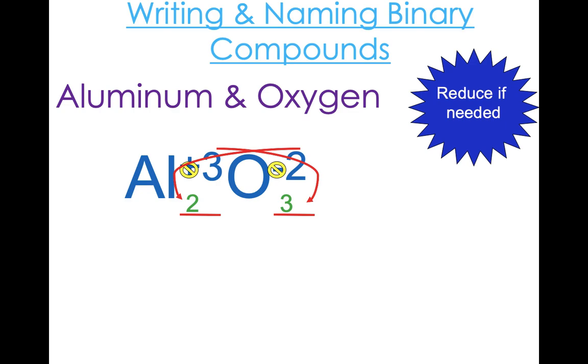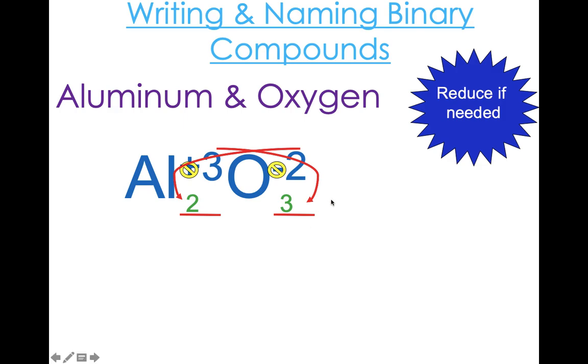Since we know that in an ionic crystal, the formula unit, or the chemical formula, represents the ratio of the atoms in the crystal, we need to see if we can reduce that. Does a 2 and a 3 reduce? No, it does not. And you can only reduce what we wrote on those red lines. So this does not need reduced.